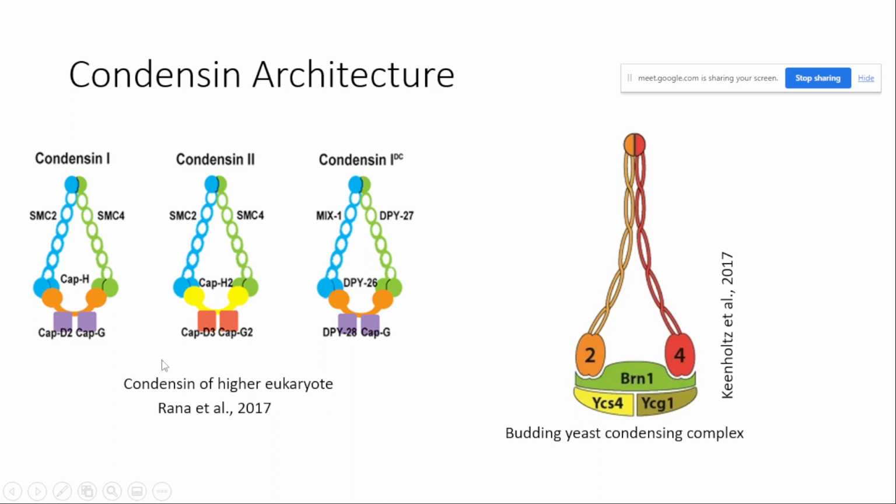BRN1 here is CAP-H in the higher eukaryote, and in the lower eukaryote it is BRN1, nothing else. And there are two other proteins which have the HEAT repeats. They are the DNA binding proteins YCS4 and YCG1. That is the budding yeast condensin complex architecture, and this is the architecture of condensin for the higher eukaryotes.